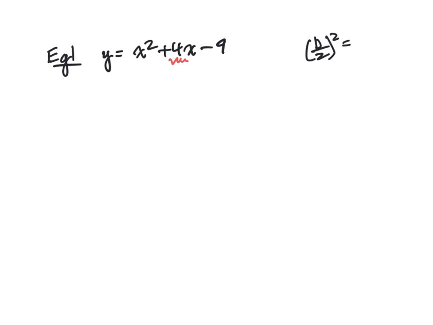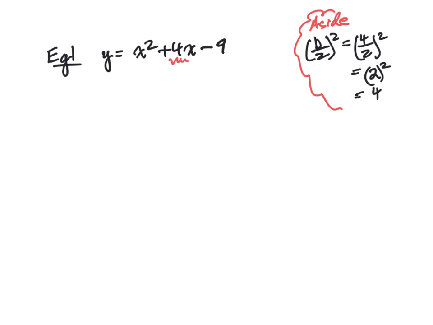Which is just 4 over 2 squared, which is 2 squared, which is 4, isn't it? So that is what I call an aside, right? When you've got some calculation that you have to do for your math, put it off to the side and then use it and stick it into your equation.